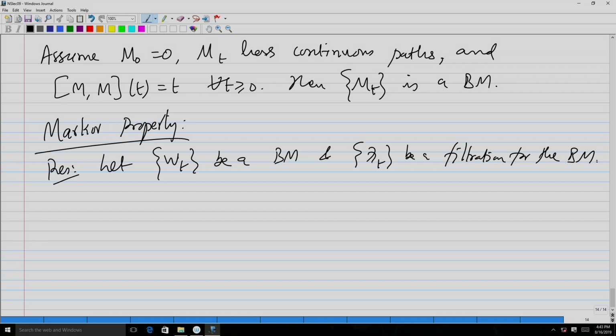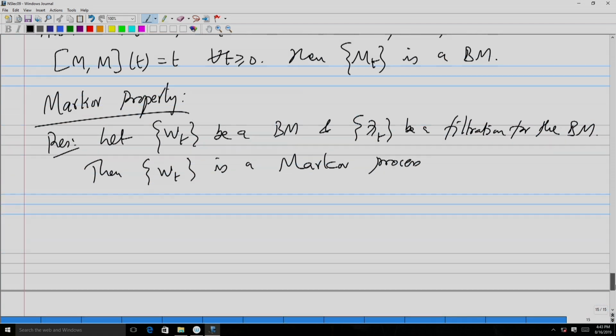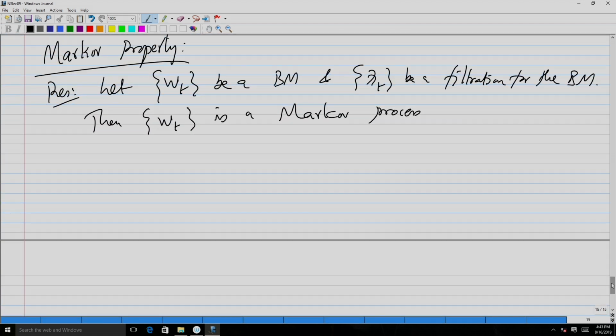It need not be generated by Brownian motion itself, it could be any filtration for the Brownian motion. Then W t is a Markov process.